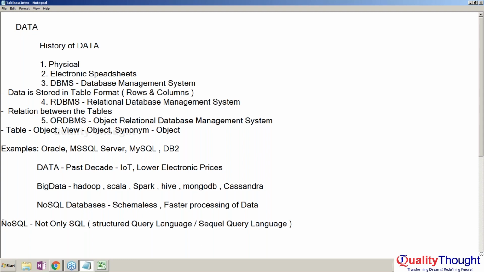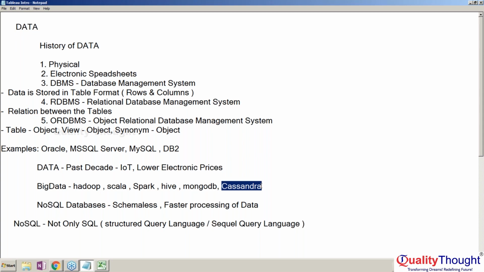Now let me tell you, guys, why Facebook is very fast. Cassandra is the database which was built by Facebook internally. Once they had used it for a while, around 2008 or 2010, they gave it as open source to the entire world.